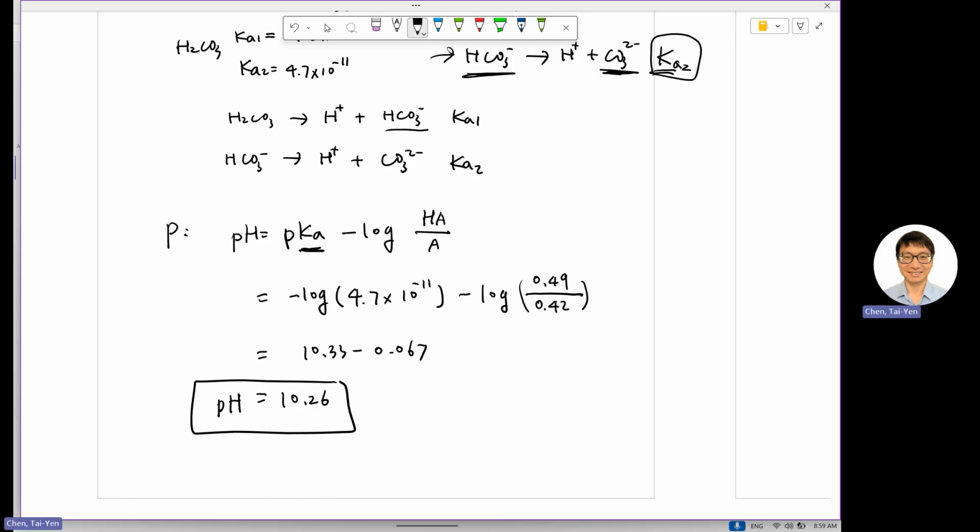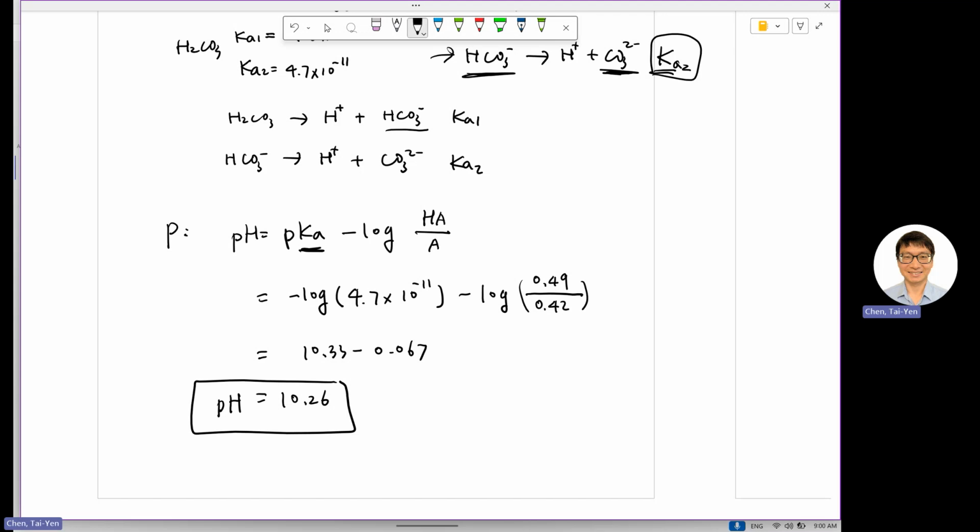If you want to use Ka1, that means the conjugate acid base pair has to be H2CO3 and HCO3 minus. That's not what you have here, right? What you have here is HCO3 minus and CO3 2 minus, which both show up in your second equation. Therefore, the second equation is the one you need to use, and Ka2 is the Ka you should plug into your HH equation.